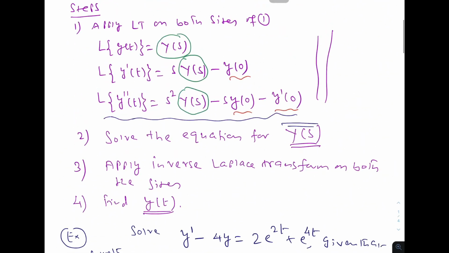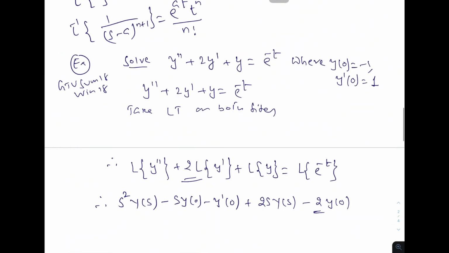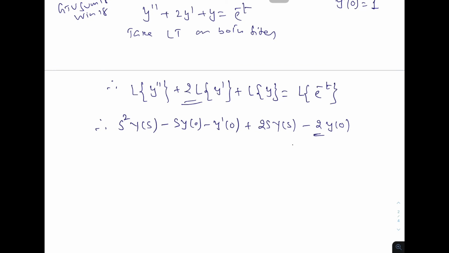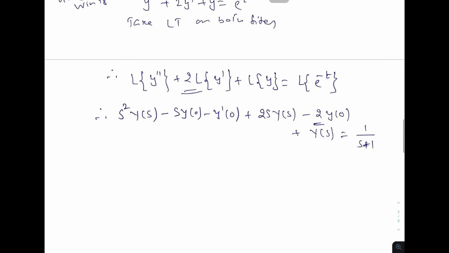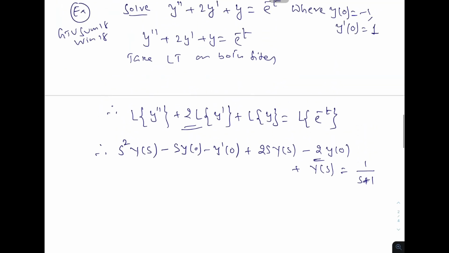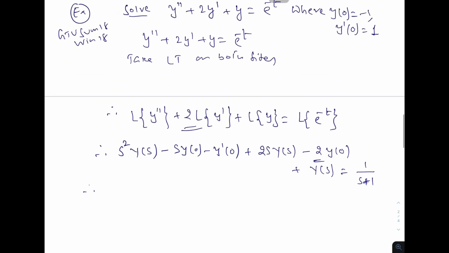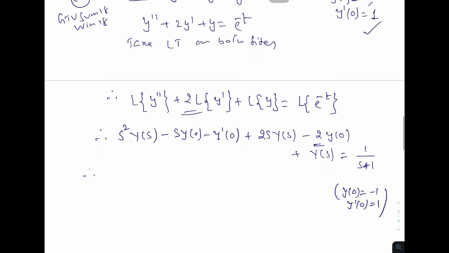So this is s Y(s) minus y at 0, plus Laplace transformation of y is Y(s), and Laplace transformation of e power minus t is 1 upon s plus 1. Okay, so this you need to do. Now here we are given y at 0 is minus 1, y dash 0 is 1, so we need to apply this here.